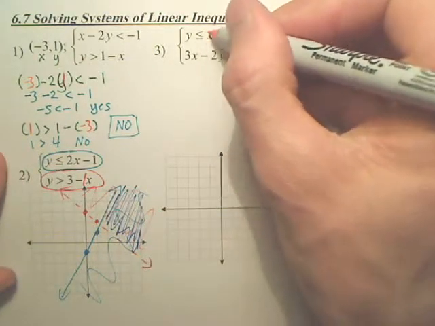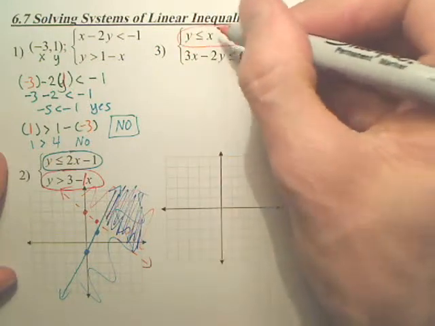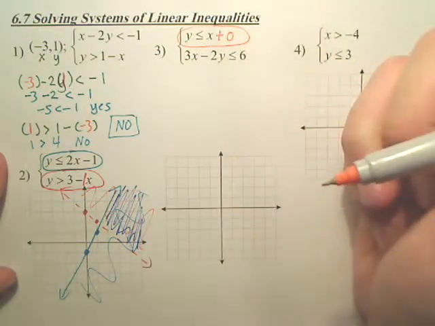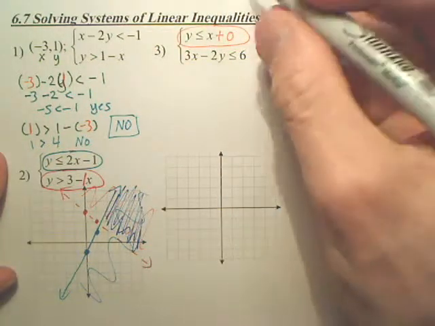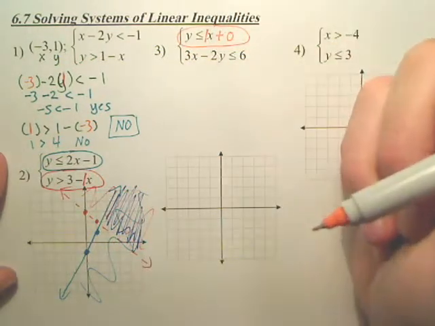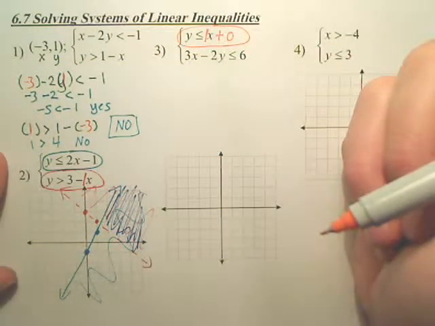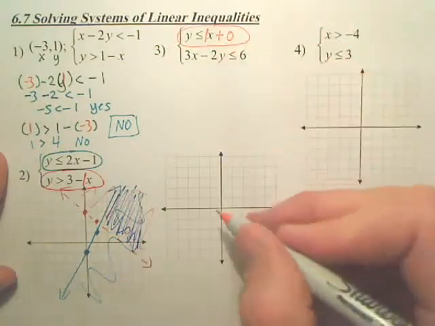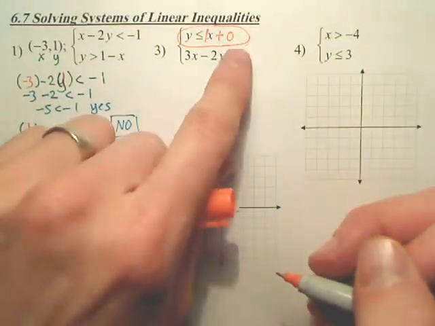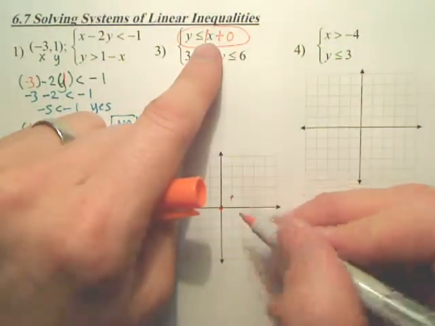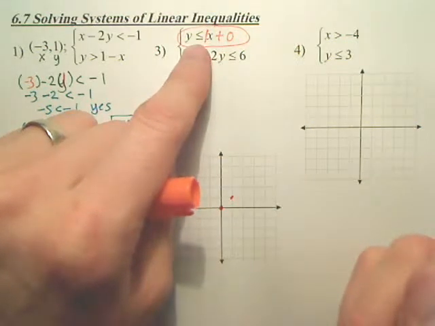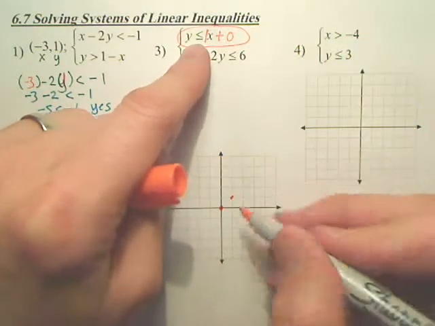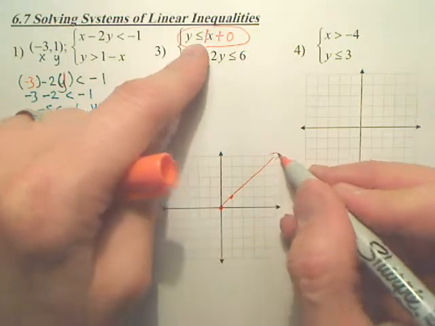Let's do this one. Now, to graph this one, do you understand I actually have a plus 0 here? And you also understand my slope is 1. So this one begins at 0 and has a slope of up 1 over 1. It has a line underneath there, so that means that my graph is a solid line.